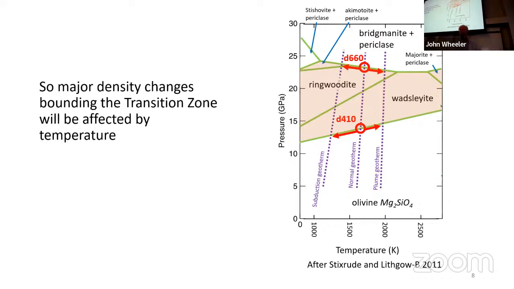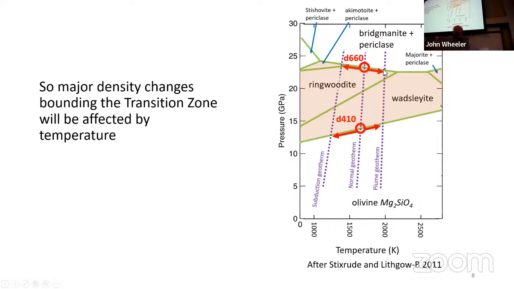So if you imagine you've got a subducting slab, so it's cold. The first reaction should happen at shallower depths, lower pressures, and the second reaction should happen at deeper depths, that's higher pressures. So you should have a thick transition zone. On the other hand, simply looking at one of the other dashed lines, if it's a plume, so where we're upwelling, then, okay, well, let's do it from the plume's point of view.